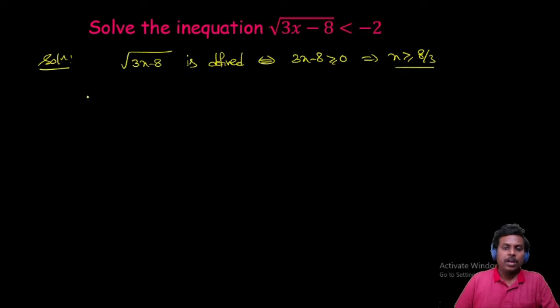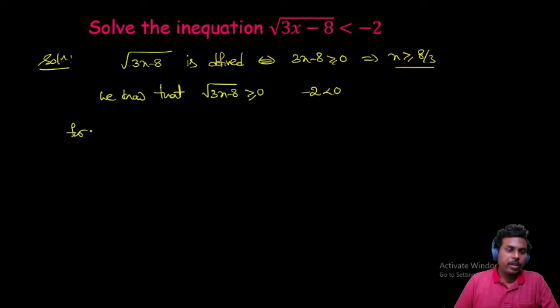Okay, now we know that under root 3x minus 8 is a positive quantity, or greater than or equal to 0, but minus 2 is negative.